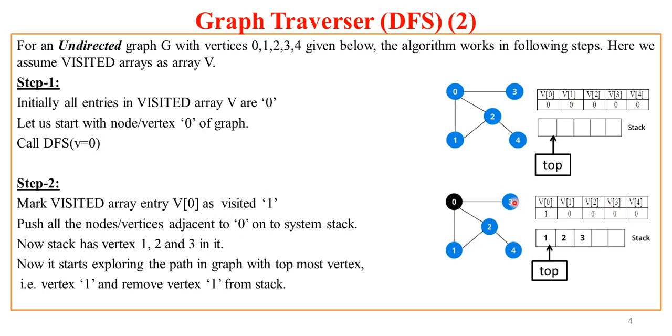Here we use the order 3 to 1, so the stack will have item 3, on top of it 2, and on top of that 1. Our topmost item is 1. With this, it will start exploring the first adjacent vertex of the initial node 0.